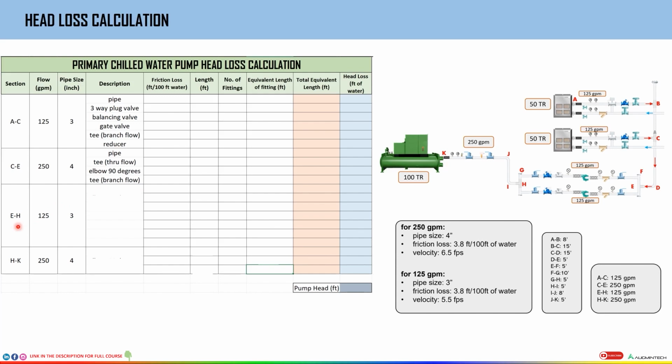Okay, in the section E to H, what do we have? First of all, we have the pipe. Next, we have the 90-degree elbow over here. Then we have the butterfly valve, then the strainer, then the check valve, then the balancing valve, then the butterfly valve. But these two will be written together. So that's all we have.